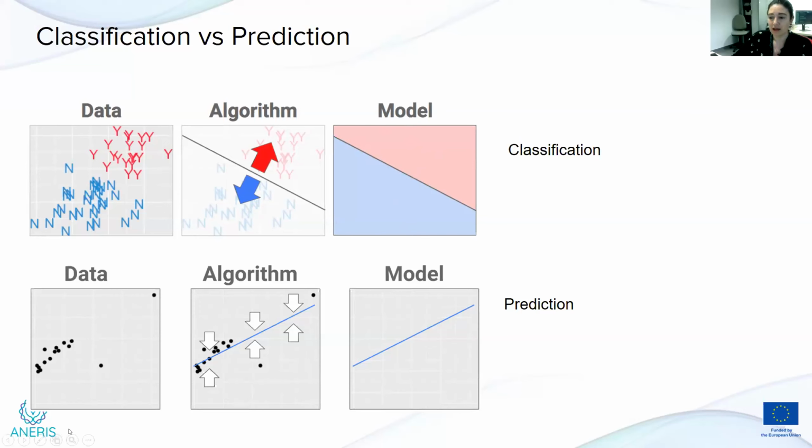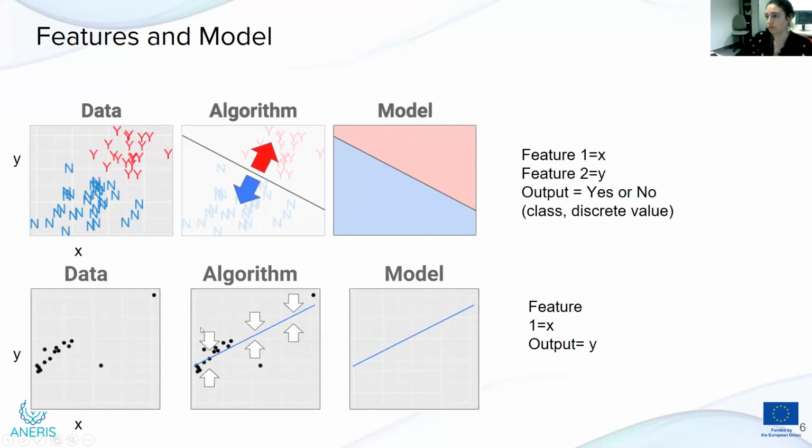Basically, you have data with an input X and an output Y, for example, and what you want to achieve is the relationship between X and Y. And that will give you a model allowing you to predict, for any new X, what would be the value of Y. So also for the vocabulary, in these two examples, you have the notion of features.